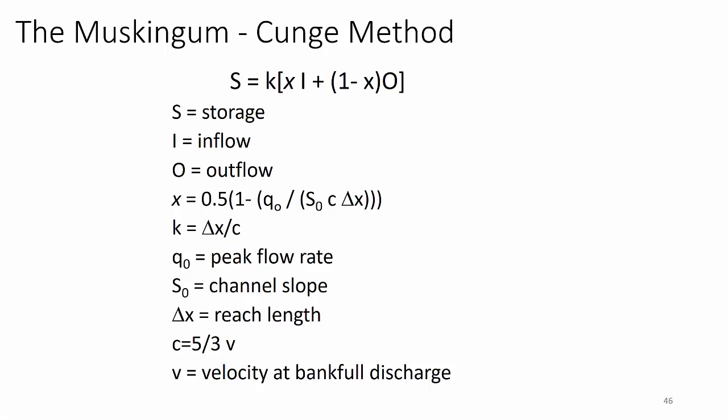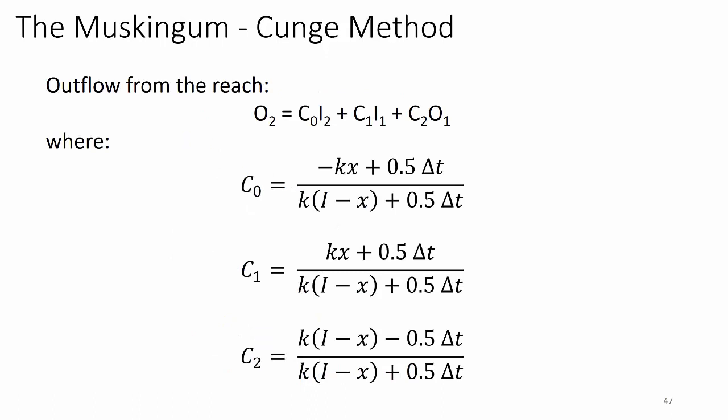Think about it as the same thing as the runoff abstraction. And in fact, that's kind of where the concept came from, because these hydrologists use the same tools. So outflow 2 equals some coefficient C0 of inflow 2 plus some coefficient C1 of inflow 1 plus some coefficient C2 of outflow 1. The coefficients C0, 1, and 2 are seen here, in terms of K, X, and delta t.